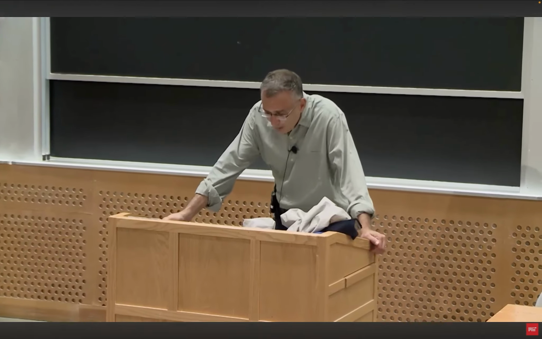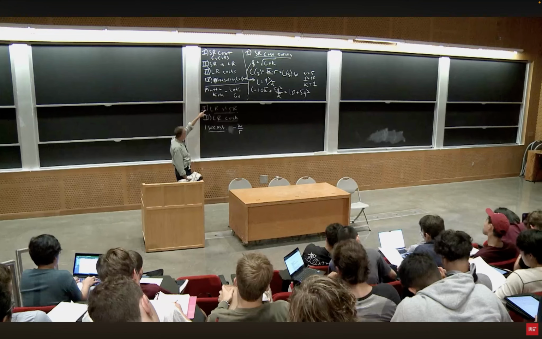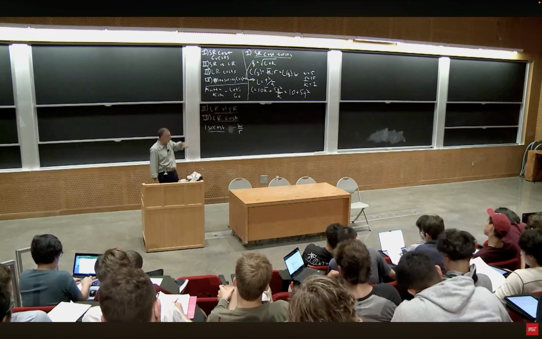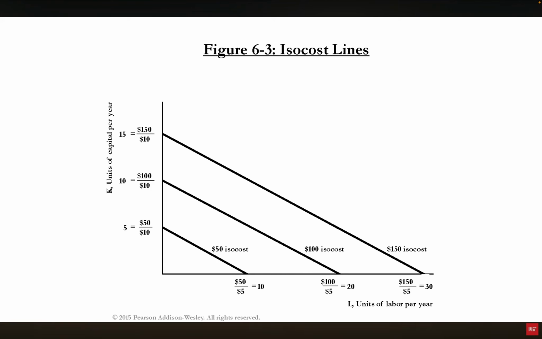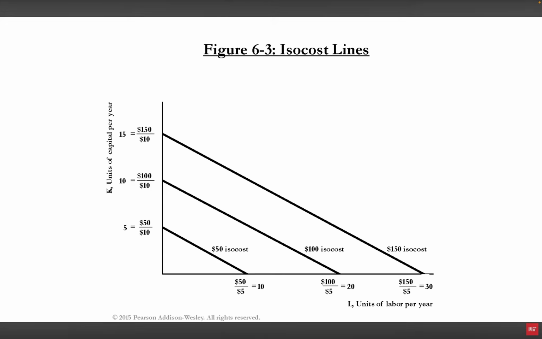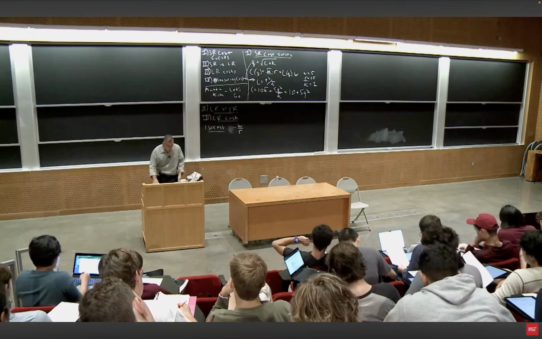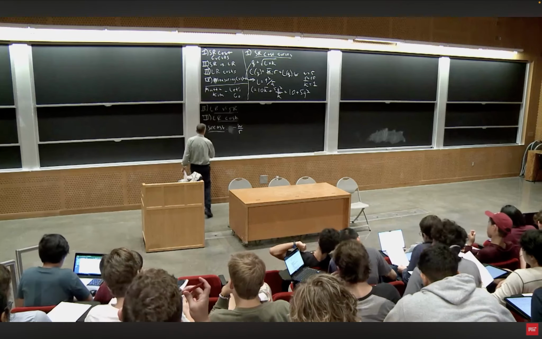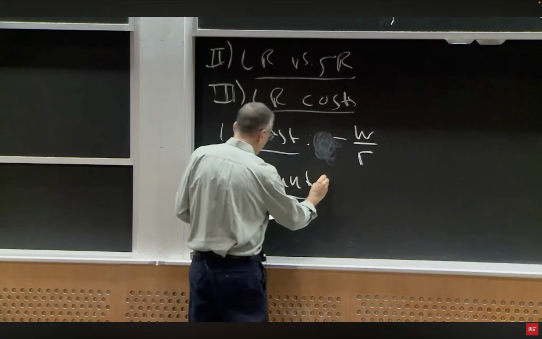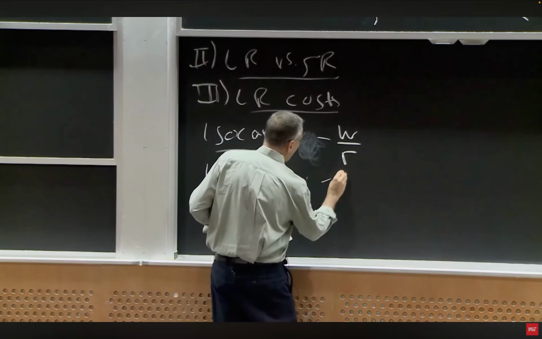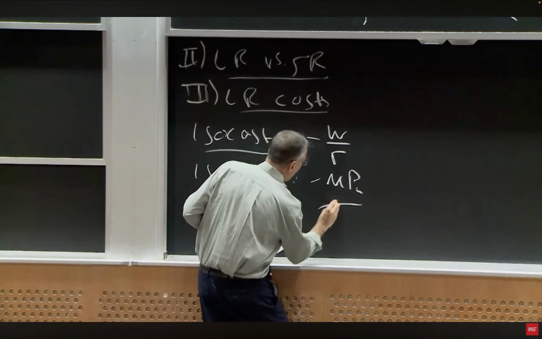So for example, keeping these isocost lines and going back to our production function and therefore cost function, we can draw the isoquant for production. We start with our production function, Q equals square root of L times K. We know that the slope of the isoquant, which we defined last time, is minus MPL over MPK.